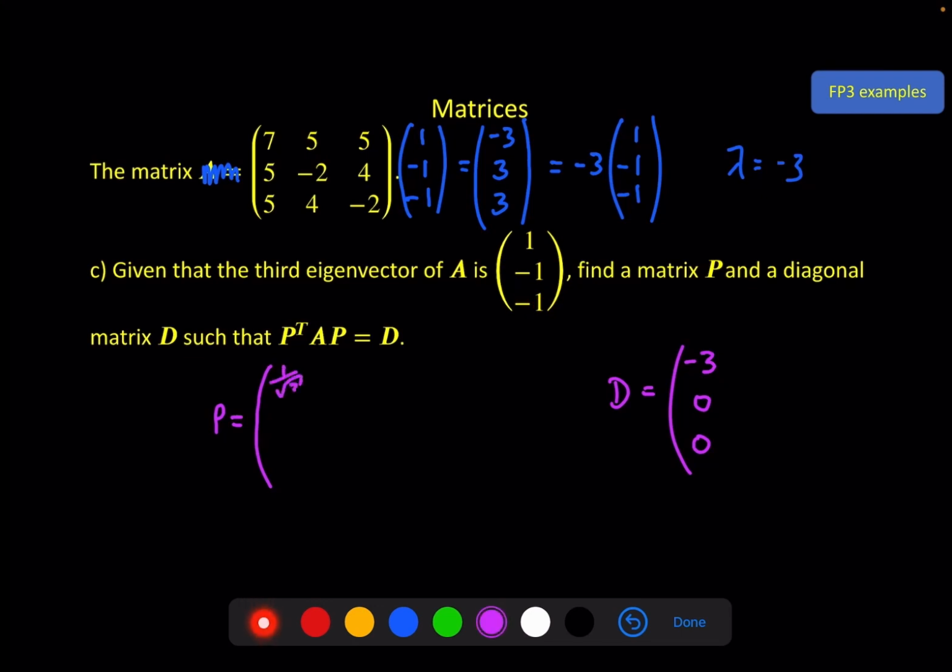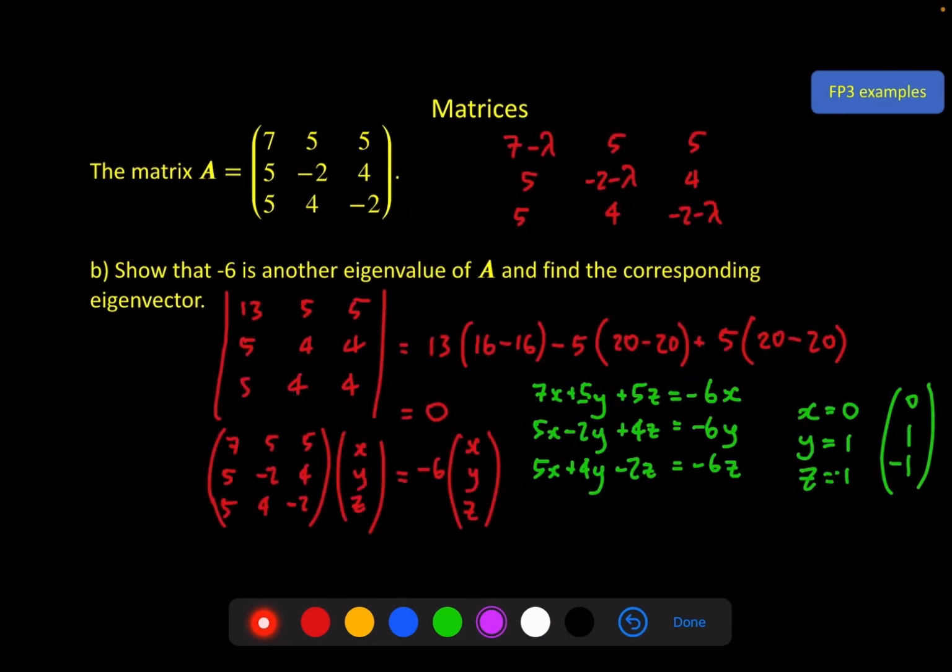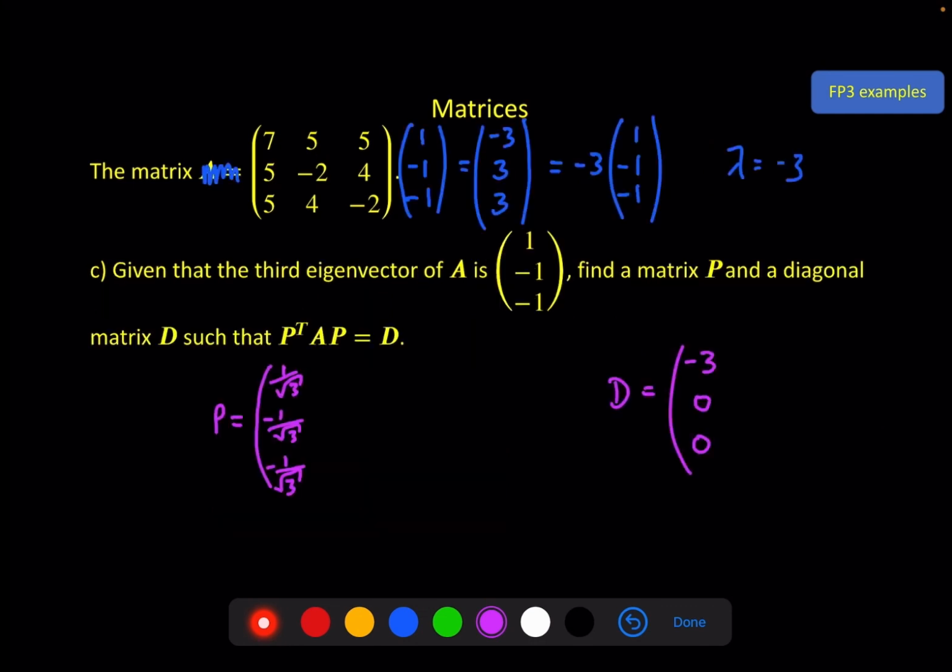So 1 over root 3, minus 1 over root 3, minus 1 over root 3. Then I've got 0, 1, minus 1 with the eigenvalue minus 6. Let's put minus 6 in the next column, and it's 0, 1 over root 2, minus 1 over root 2.